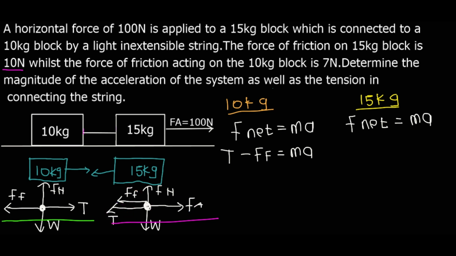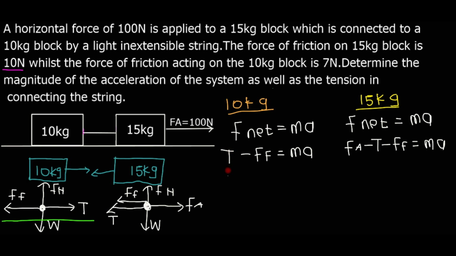These forces are parallel to the direction of motion, and the force applied is in the direction of motion, so it is positive, and these two forces are negative because they are in the opposite direction. So from there I will say force applied is positive, minus tension, and minus friction equals MA.